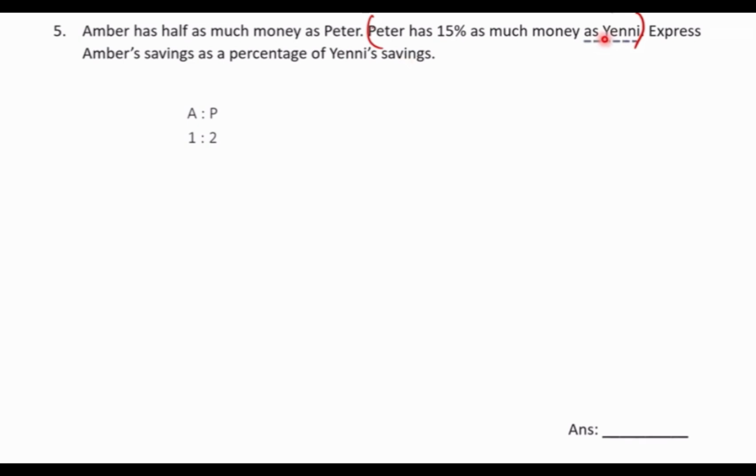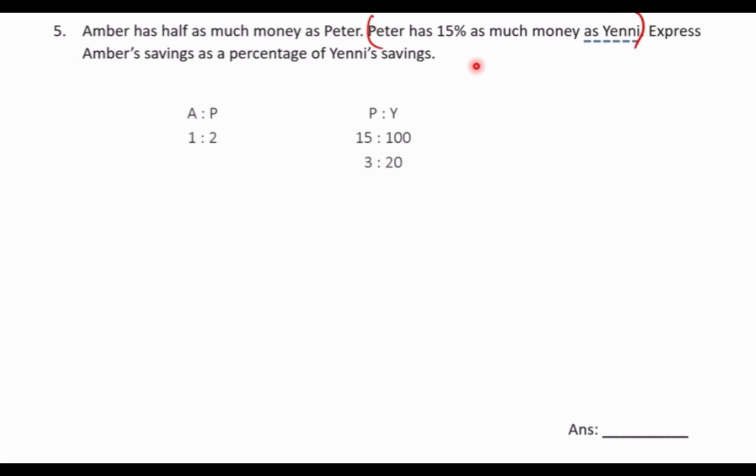What is the ratio P to Y? Is it 15 to 100, or 115 to 100, or 85 to 100? 15% as much. Not more, not less, but as much. So 15 to 100. We simplify this, you get 3 to 20.